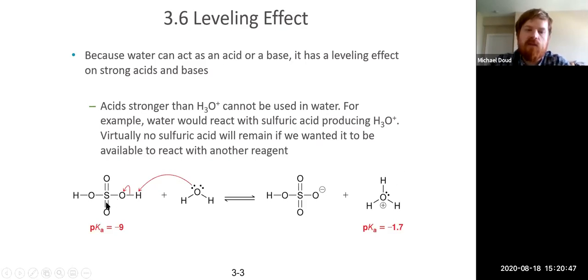And the pKa of sulfuric acid is -9. The pKa of the hydronium ion is -1.7. So if you need this -9 pKa, well, the water is going to neutralize it. It's going to level that pKa all the way down to -1.7. So just keep that in mind, that we're not going to have any sulfuric acid around when we want to have that as our strong acid reagent.